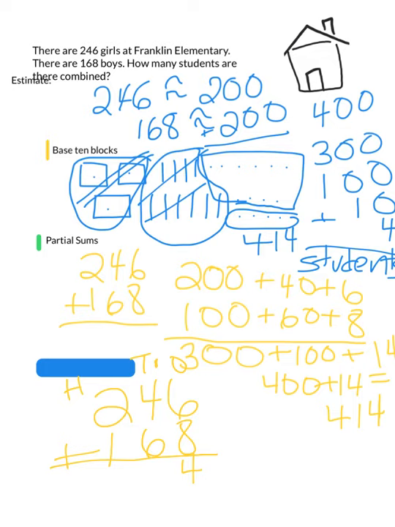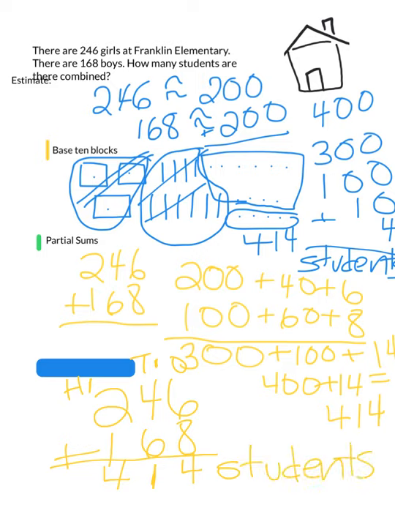But since I have 11 tens, I need to put a 1 in the tens place. 11 tens is also 110, which means I have a 100, and that would have to go in the 100s place. And so I have 100 plus 200 is 300, plus 1 more 100 would be 400. And so my answer, using the traditional way, or the trade first, is 414 students. Yay, I can label that one.